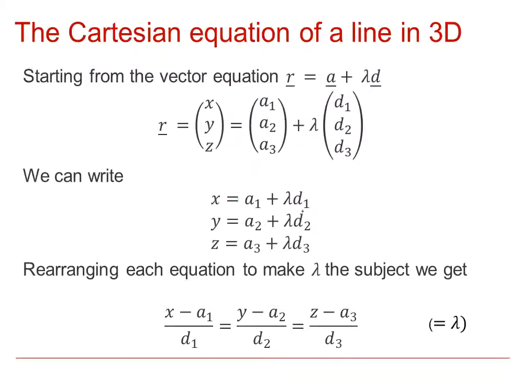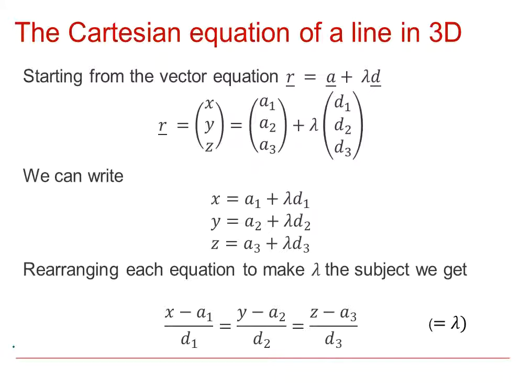If we rearrange each of these for lambda, so for example in the first one, lambda would be (x minus a1) over d1, and we do the same for y and z, we end up with (x minus a1) over d1 equals (y minus a2) over d2 equals (z minus a3) over d3, all of which equal lambda.